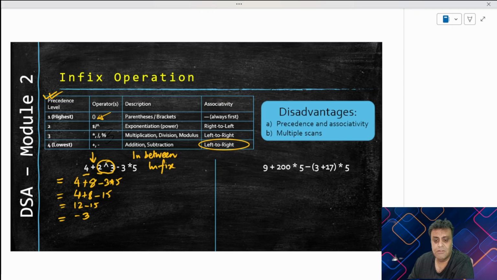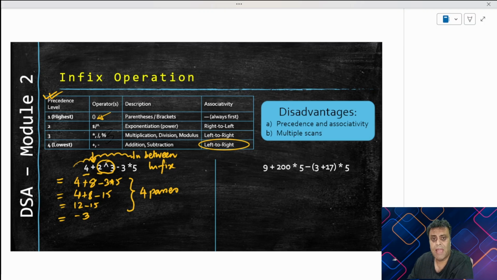If you see this particular expression, we have actually taken 4 passes to solve it, right? So we could not solve it in one shot. We could not say that we will go from here and then keep on solving every element as we go forward. We could not do it. We have solved it one at a time. We have solved the first precedence, then we have solved the second precedence.